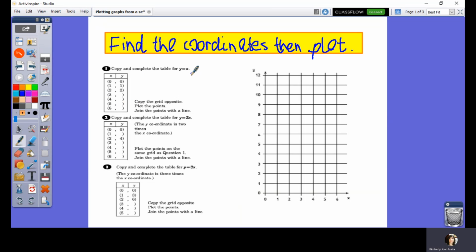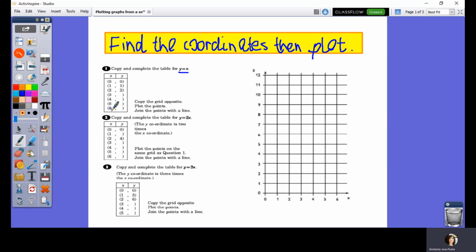Y equals x tells us how to find the x and y coordinates of our graph. So what does y equals x mean? It means all the y points, found on the y axis, are equal to the x points.